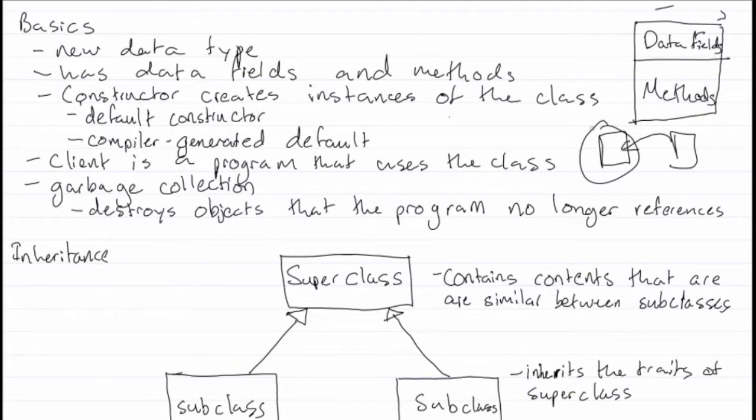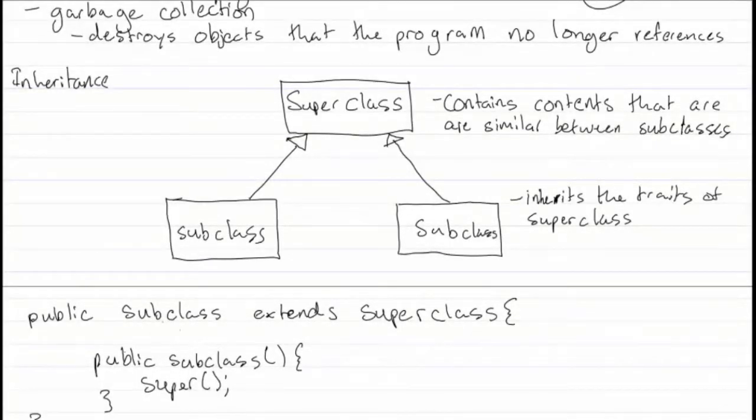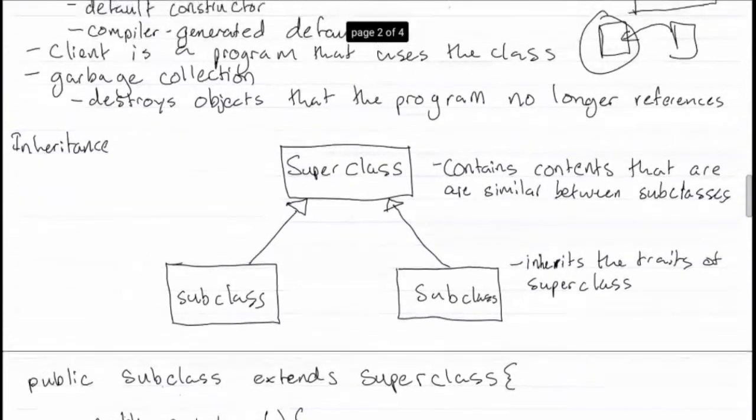Now let's go over a little bit of what inheritance is. Say you had an object, something very general. Let's use the example of animals. The animal is what's known as the superclass, and this contains contents that are similar between different subclasses.